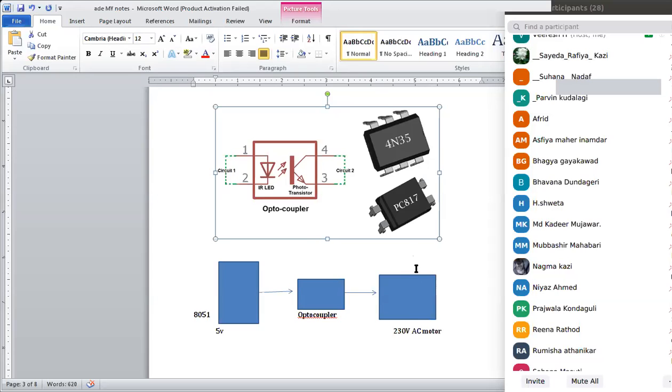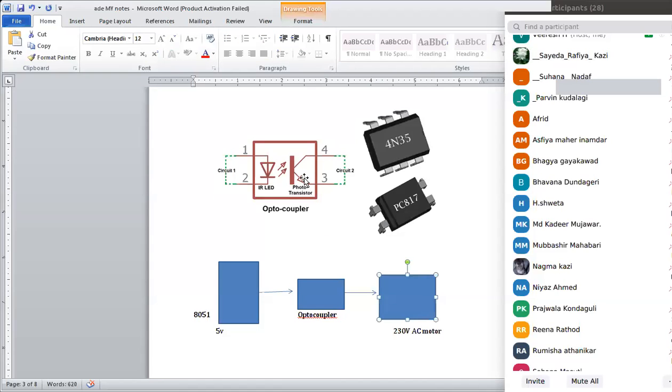So whatever goes wrong, there may be an effect on this phototransistor, because the phototransistor is not going to affect the IR LED. The IR LED will remain safe. Even if this optocoupler may be damaged, our microcontroller will remain as it is. There is no problem for the 8051.